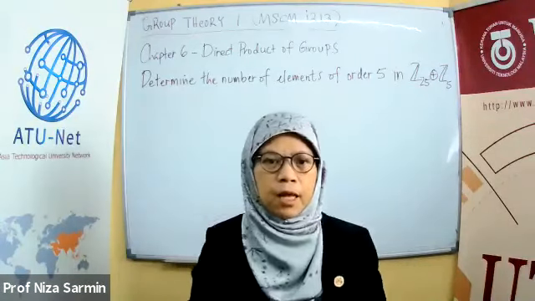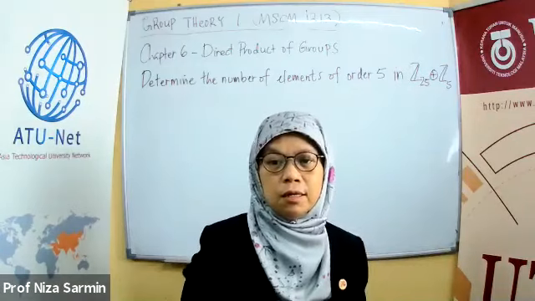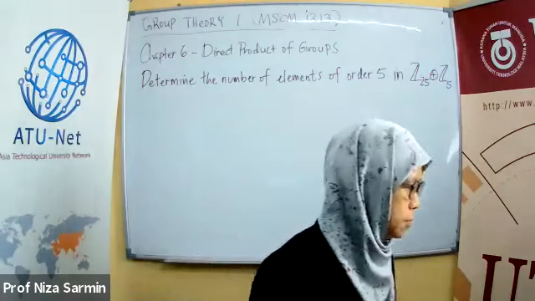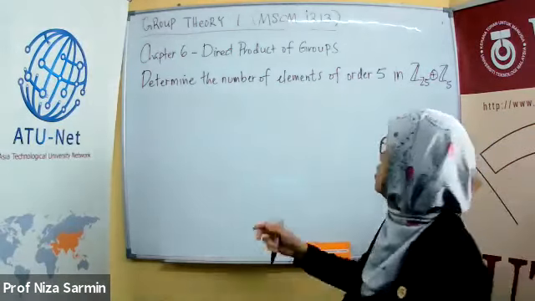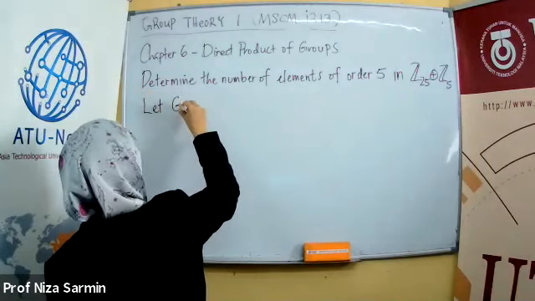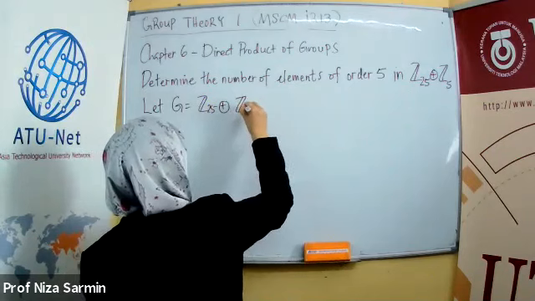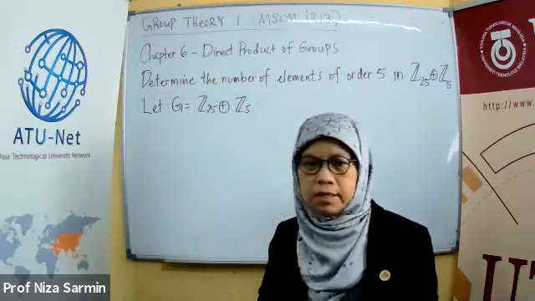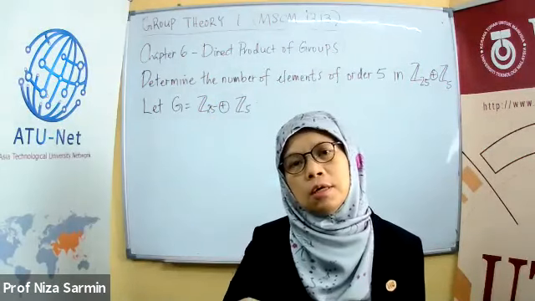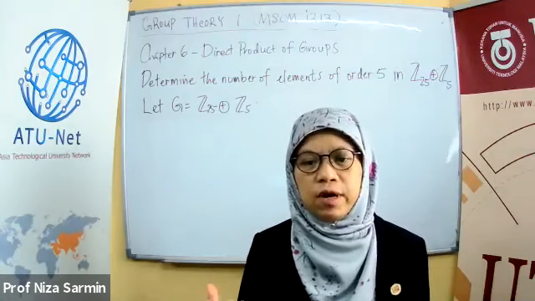Let G be Z25 plus Z5. Now, you want to find the number of elements of order 5.